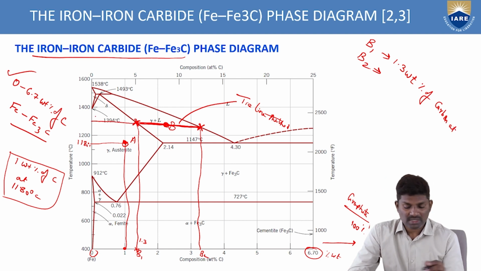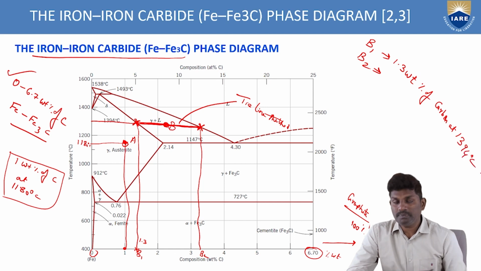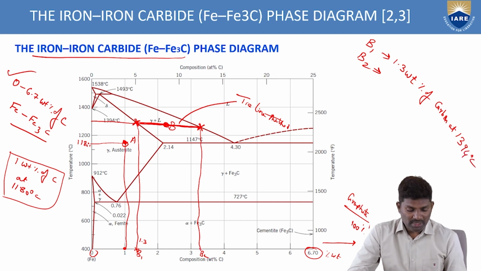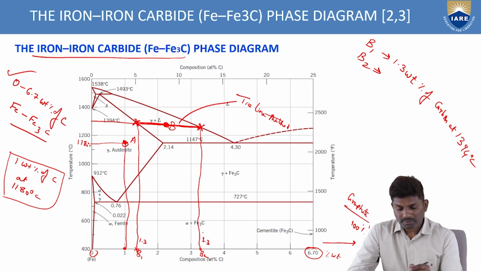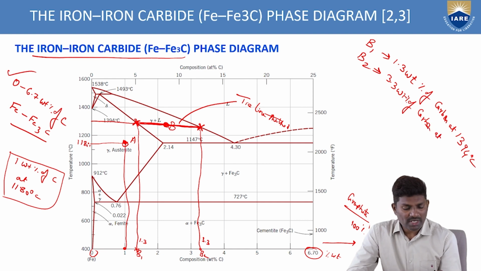Like this you have to see. So that is 1394 degrees centigrade. Similarly, if you see the point B2, it is almost 3.3. So B2 will be 3.3 weight percentage of carbon. Again, we will not get the same temperature because the line is coming somewhat here.